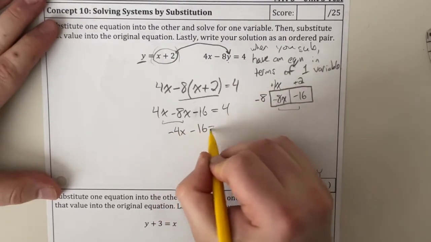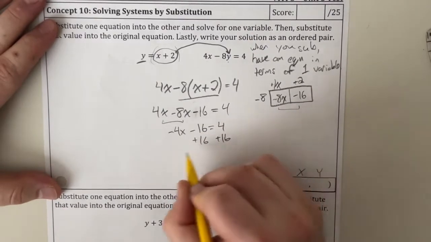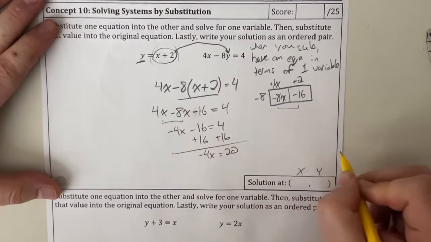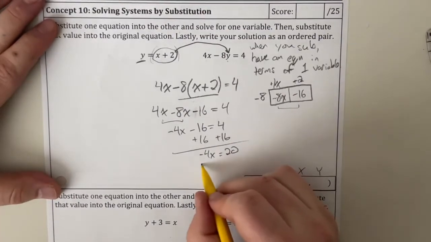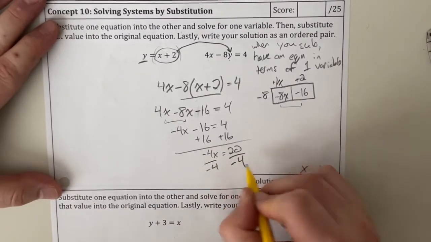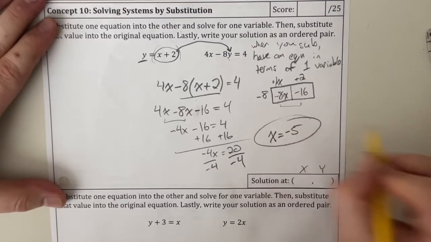Everything else stays the same. To get that variable by itself, I'm going to add 16 to both sides, and so I have -4x equals 20. At the last step, make sure you can divide both sides by that coefficient. So I divide both sides by -4, and I'm going to say x equals -5.